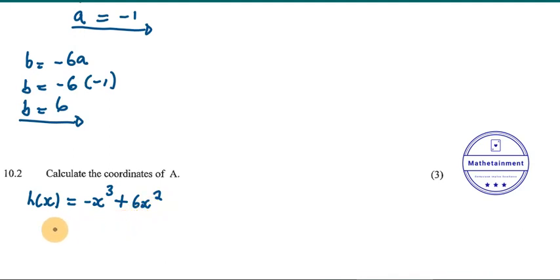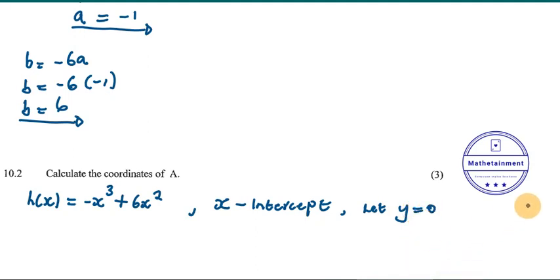Okay, so here I'm required to calculate the coordinates of A, and A is the x-intercept. What I know about an x-intercept is that for every x-intercept, you should let y be equal to 0.